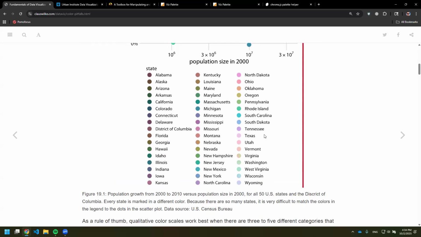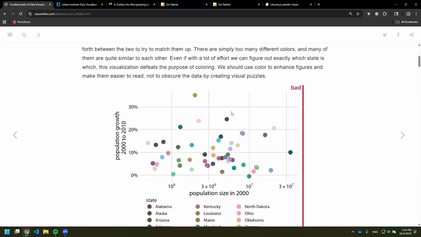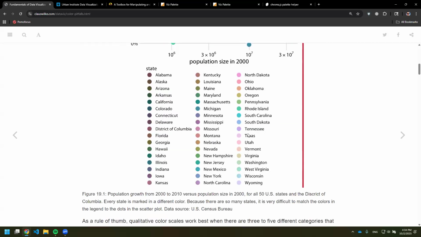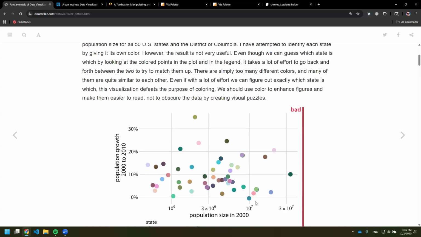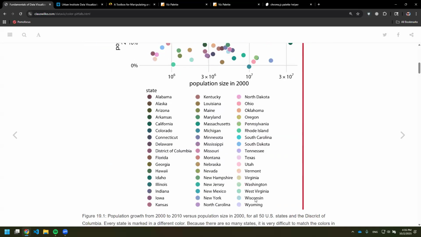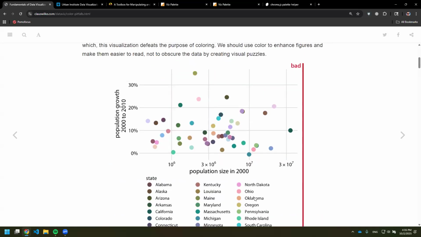There are 50 states here, and as many colors, many of which are, as you can see, very similar, such that it's very difficult to discern the difference between any number of them. You know, Indiana and New York, one is darker than the other, but I would be hard pressed to identify Indiana or New York in this plot. So this is asking color to do too much.